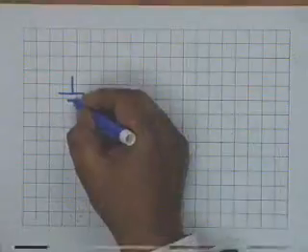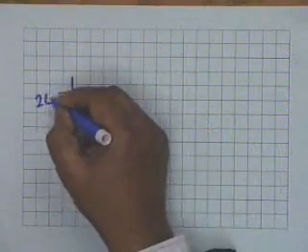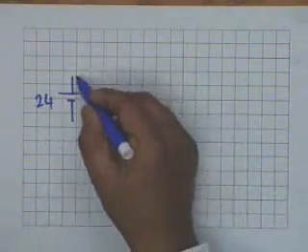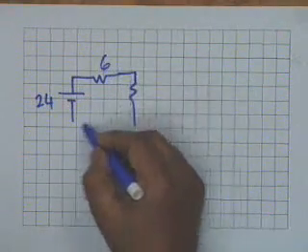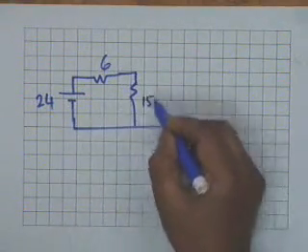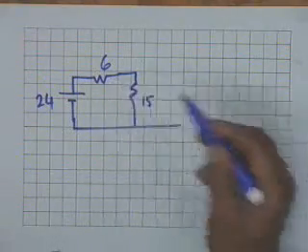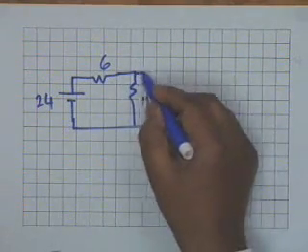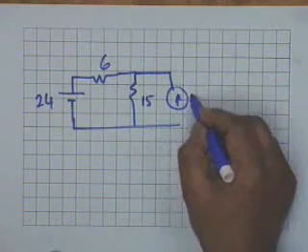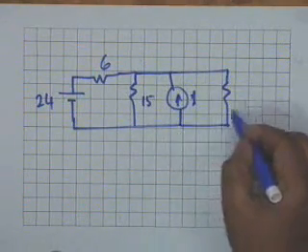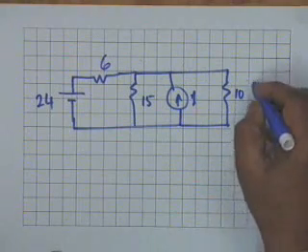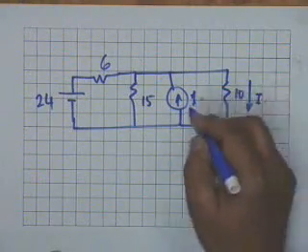This is one network which we have taken repeatedly as an example. It's the same network that we shall take. A 24 volt source, 6 ohm resistance, 15 ohm. Then we have a 1 ampere current source in parallel with a 10 ohm resistance, and it is this current I that we wish to find out.